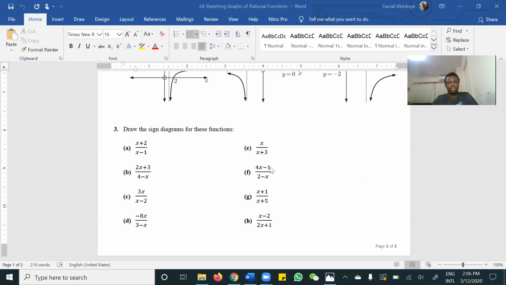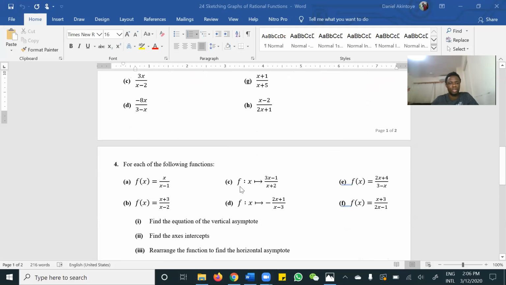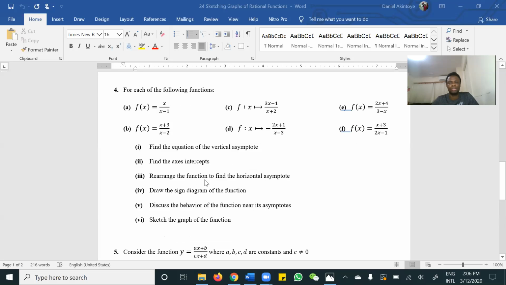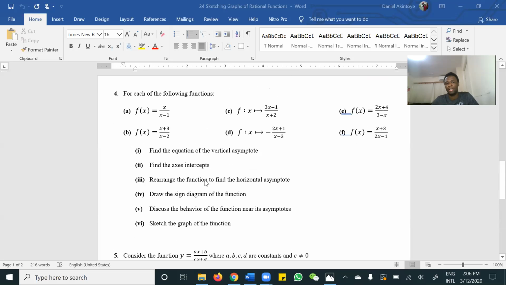Then I'll give you some of them to practice and send in by WeChat as usual. After that, we look at the behavior of the graph. Maybe we do the behavior in a comprehensive question like this, so we don't have to do the behavior separately. We just pick one question, answer this and sketch, all right? And with that, we are done with this idea.